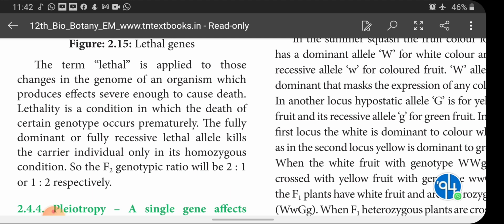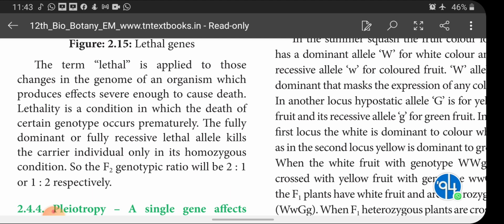The term lethal is applied to those changes in the genome of an organism which produce effects severe enough to cause death. So the lethal gene causes changes in the genome, and the organism's genome then produces a severe effect which causes death. Lethality is a condition in which death of certain genotypes occurs prematurely.